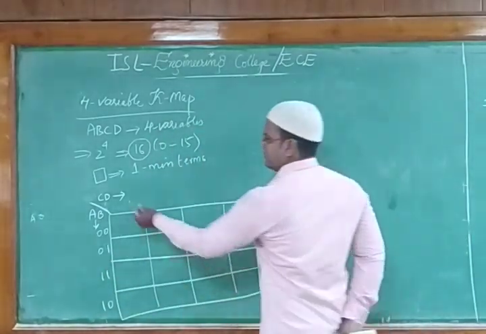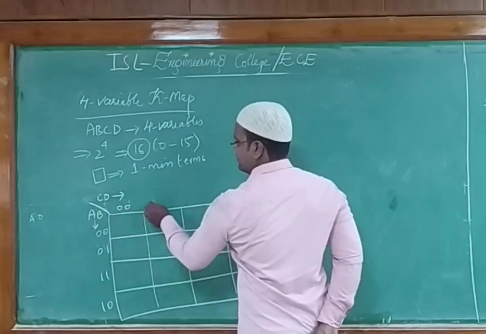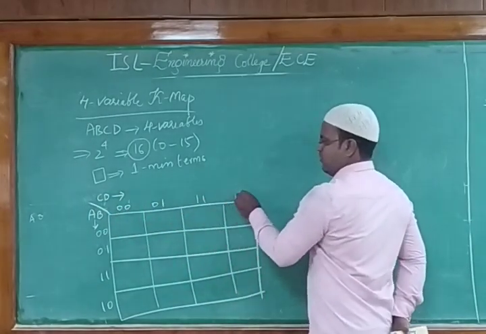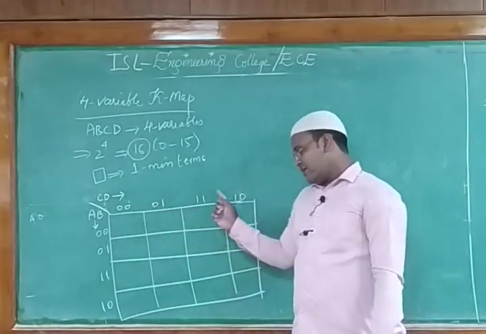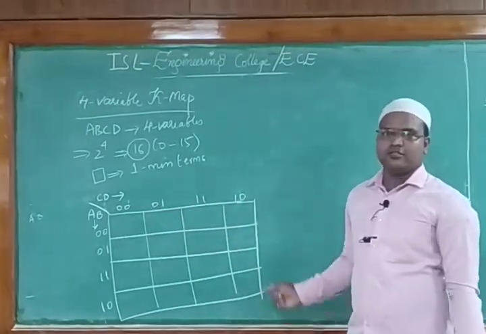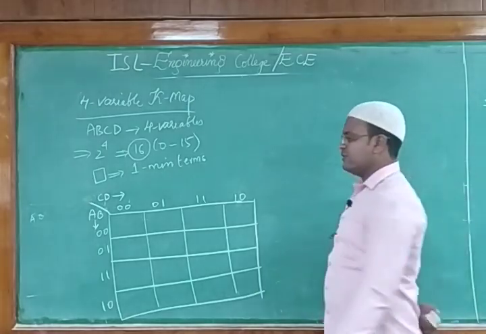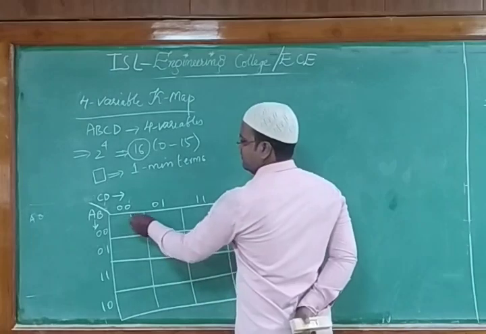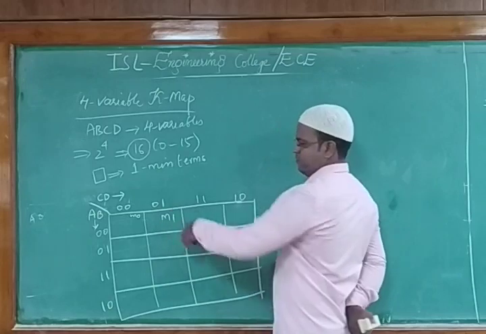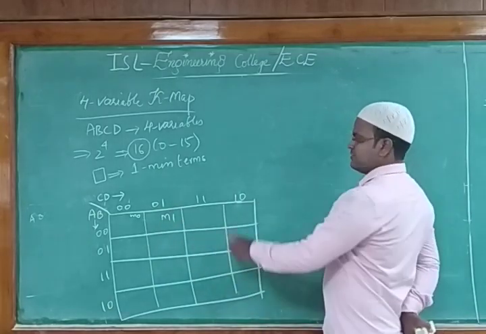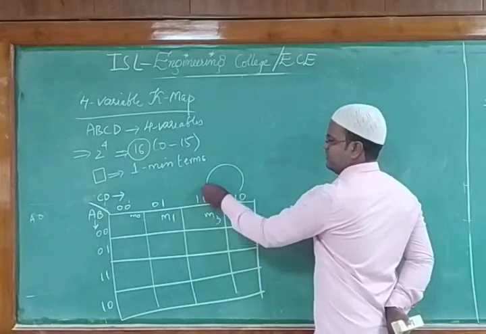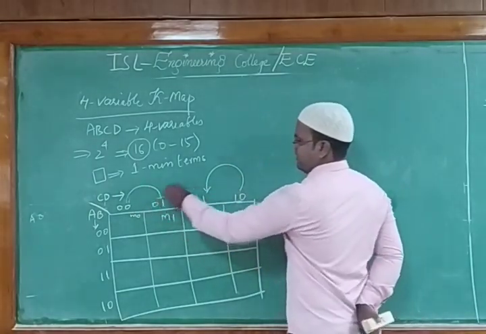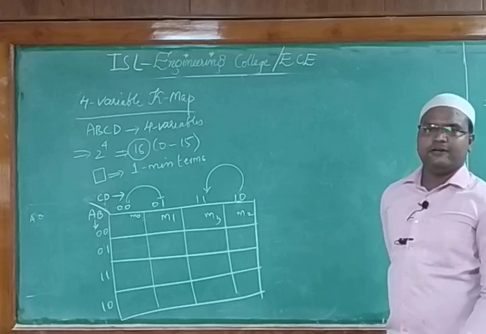Similarly for CD, only 2 bits: 0 0, 0 1, 1 1, 1 0. The important thing is that 0 0, 0 1, 1 1 will come, then 1 0, because it's a folding one. So what does the first block represent? M0. Next block M1. Next M2 and M3. Likewise we'll proceed forward, this will be from back to front.